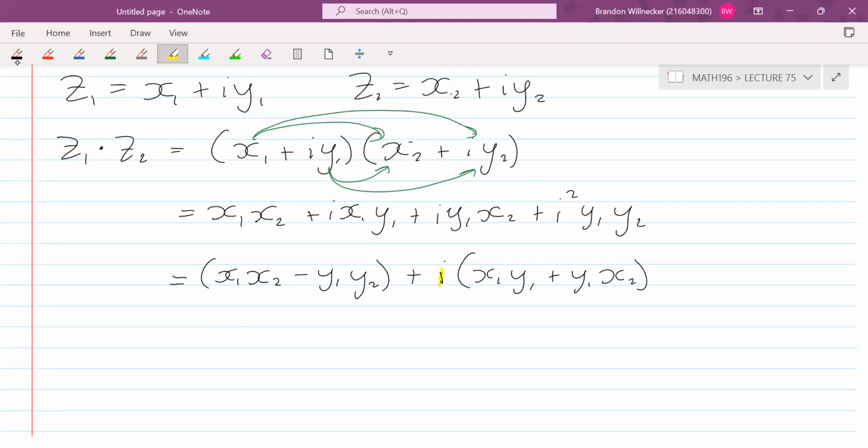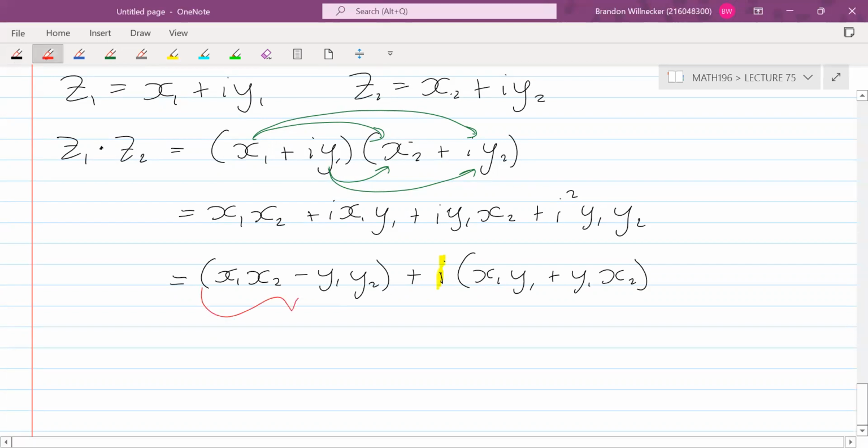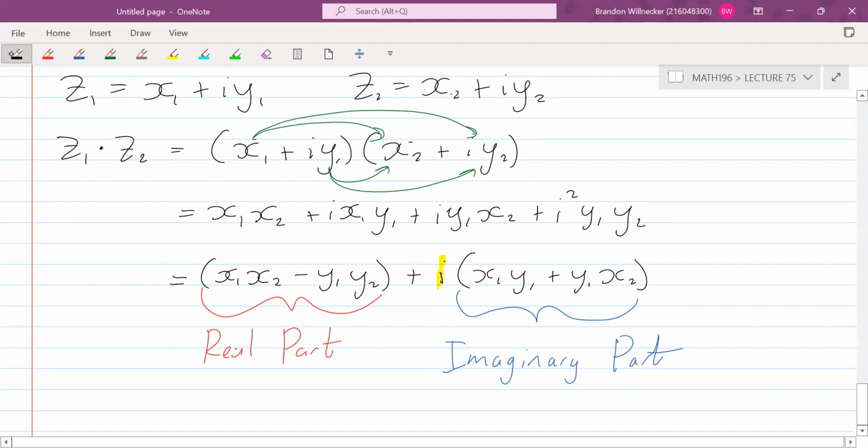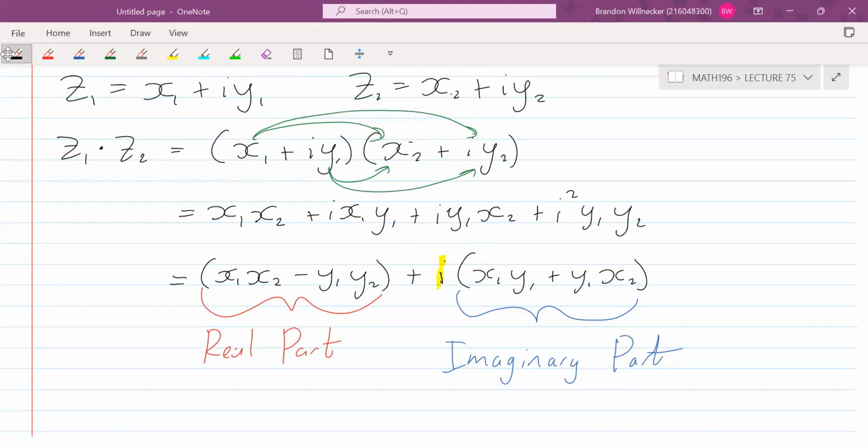And again, we see that this is a complex number with a real part given by this first bit and an imaginary part given by the second bit. Okay, so that's multiplication. What about division?